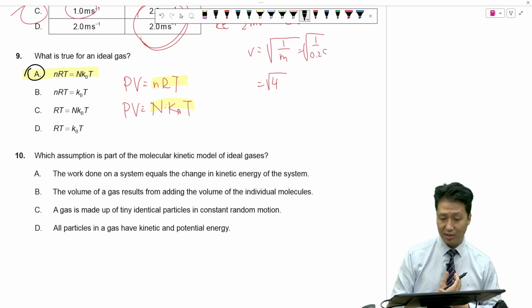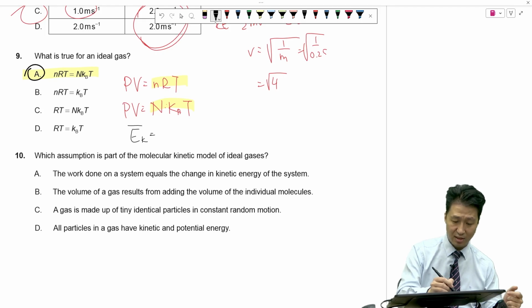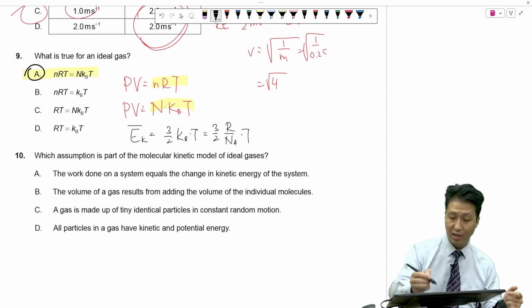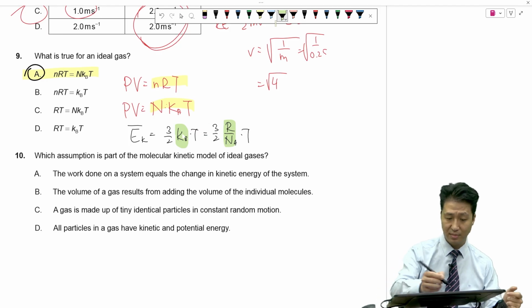If you do forget about this, there's another way you can get this without memorizing these equations. If you look in your physics booklets, we have the average kinetic energy is 3 over 2, the Boltzmann constant times the temperature, or 3 over 2, the ideal gas constant divided by Avogadro's number times the temperature. This would mean that the Boltzmann constant and the gas constant divided by Avogadro's number are equal to each other.